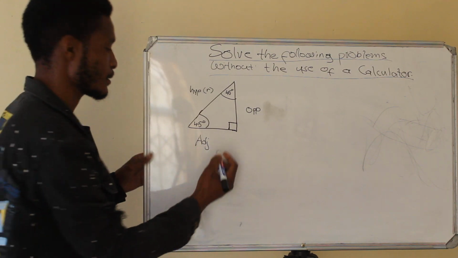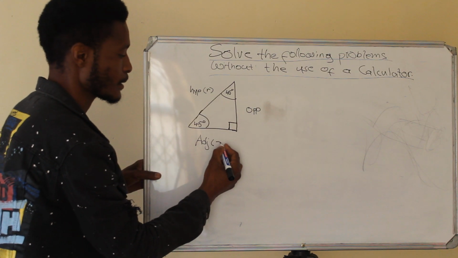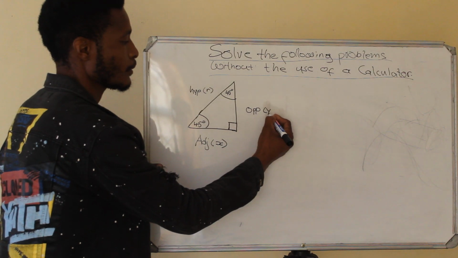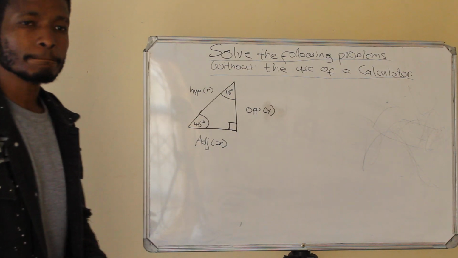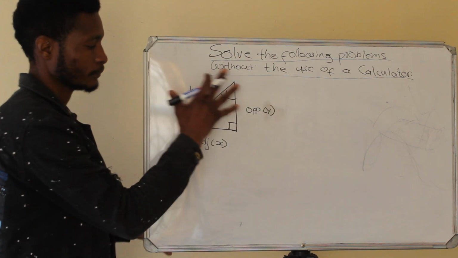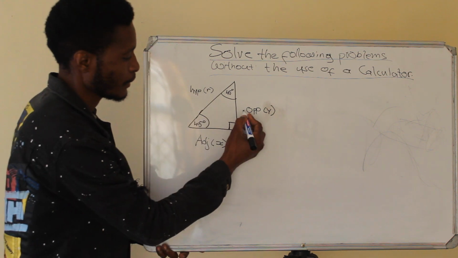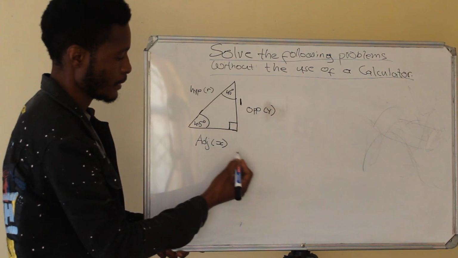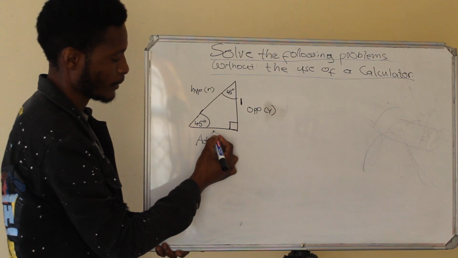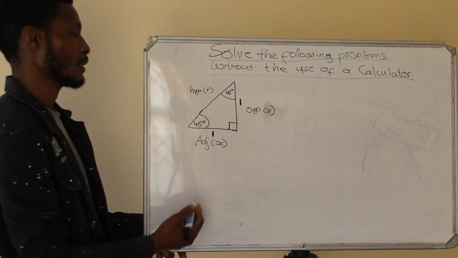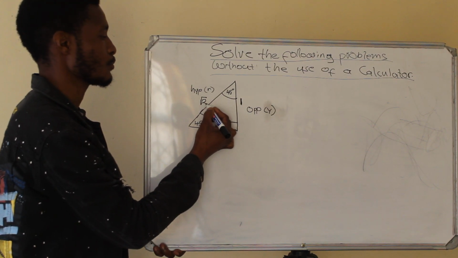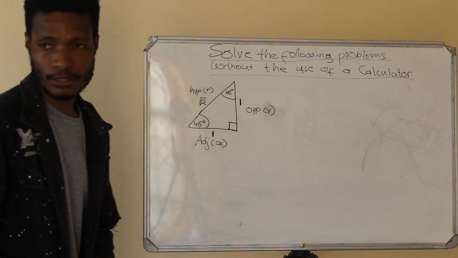And adjacent normally is represented with an X, and the opposite represented with a Y. Okay? Now this triangle has got a figure of 1 here for your opposite side, a figure of 1 there for your adjacent side, and then a figure of square root of 2 on the hypotenuse side.